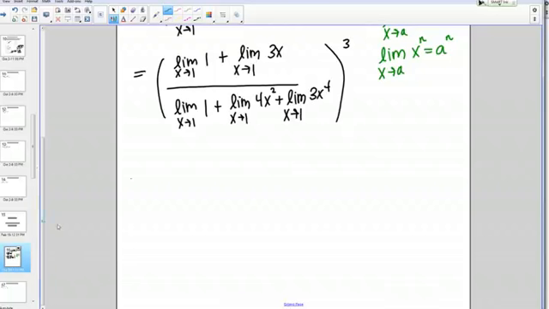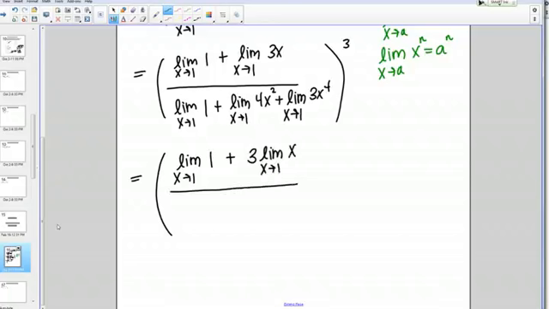Actually, first though, let's go ahead and pull out any coefficients that we have. In other words, the limit as x goes to 1 of 1 plus the limit as x goes to 1 of 3x, I can pull that constant 3 out front and write it as 3 times the limit as x goes to 1 of x.